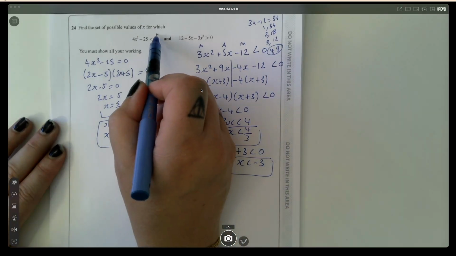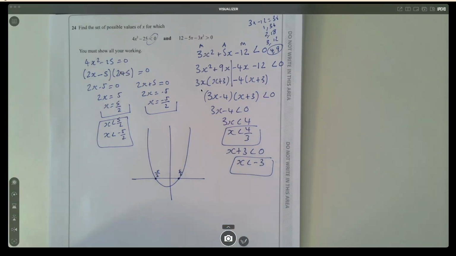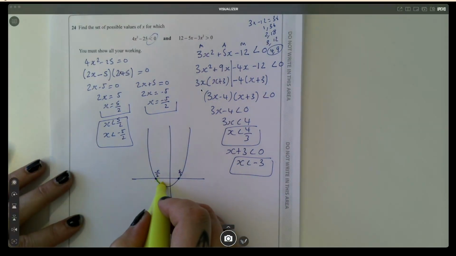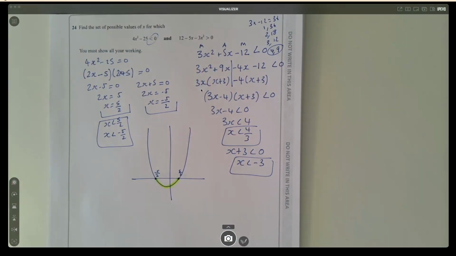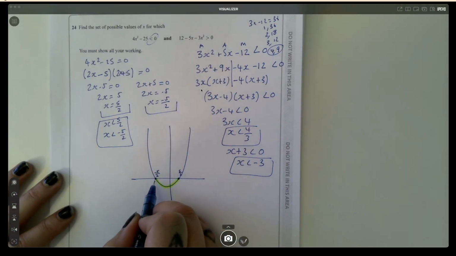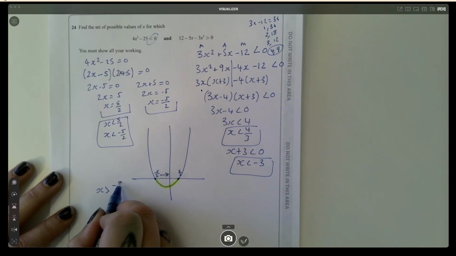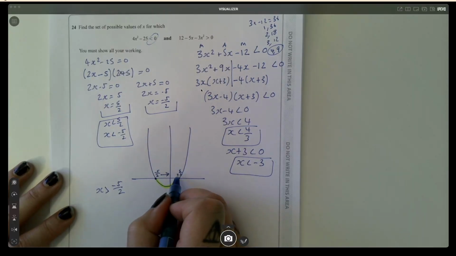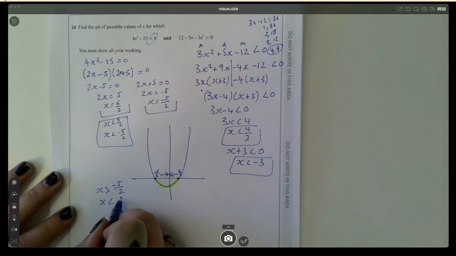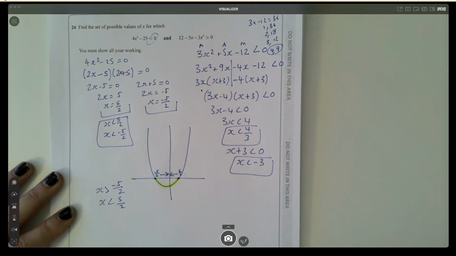Now I want less than 0, so I want all of the values that are included less than 0 for these solutions, which are those ones, because they're below the x-axis, which means actually I want any x values that are greater than negative 5 over 2, but less than positive 5 over 2.